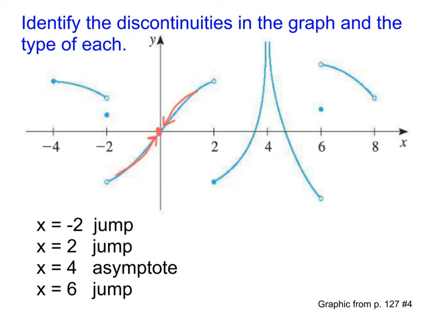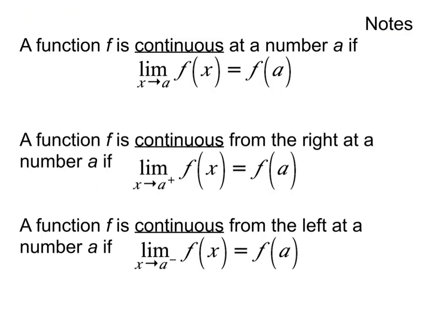So in other words, there's not a hole that they're approaching in those limits. And so that allows us to then come up with a formal, more mathematical definition of continuity. And that's what this is, and so that's why this now needs to go into your notes as well. This also shows that we can have continuity just from the right and just from the left as well. Just like we can have limits from the right and from the left.